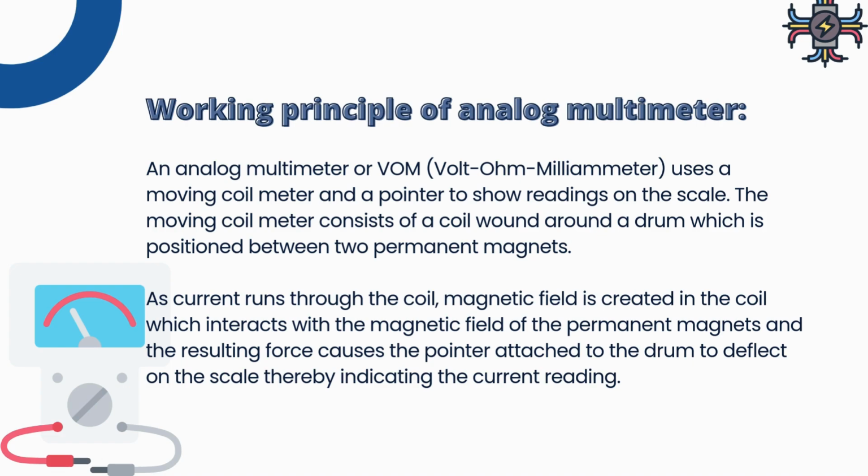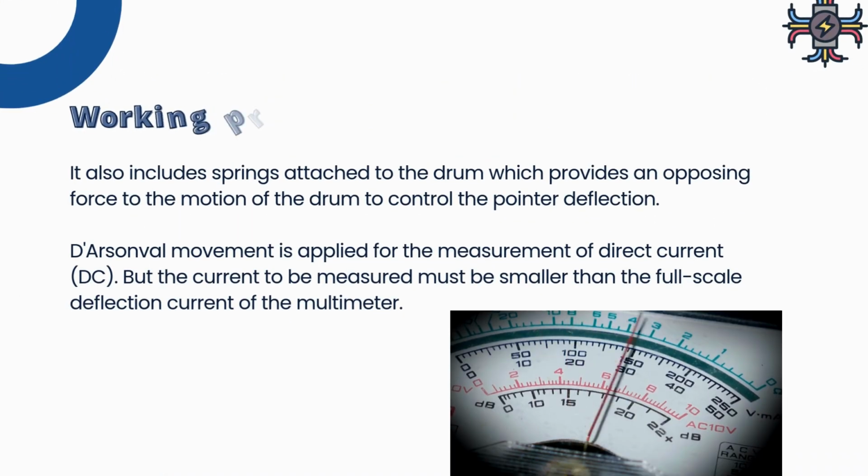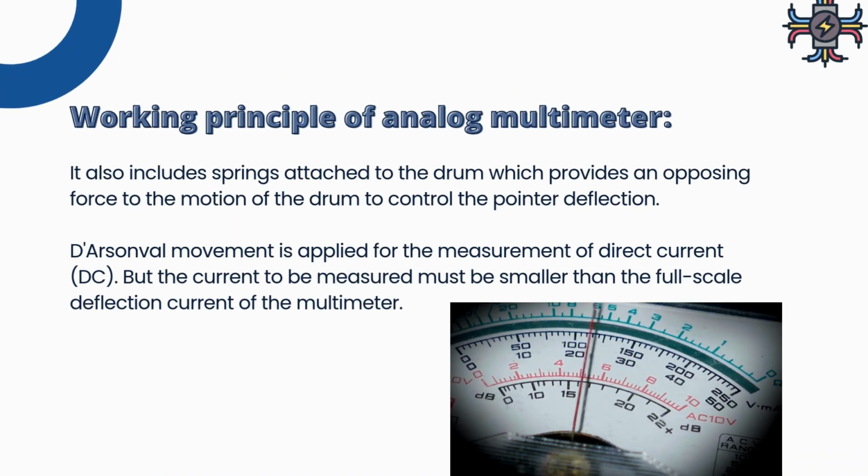As current runs through the coil, a magnetic field is created in the coil which interacts with the magnetic field of the permanent magnets, and the resulting force causes the pointer attached to the drum to deflect on the scale, thereby indicating the current reading. It also includes springs attached to the drum which provide an opposing force to the motion of the drum to control the pointer deflection.